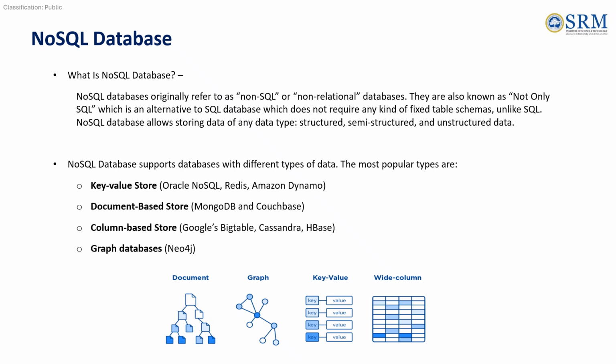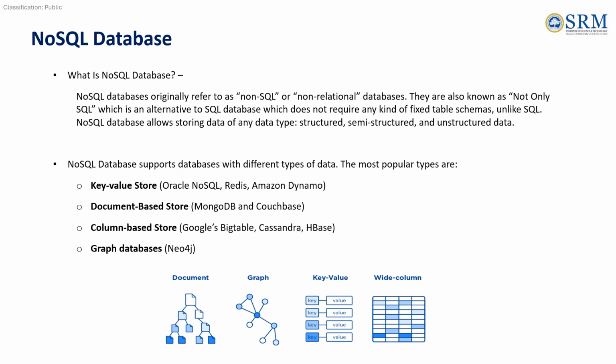For example, modern applications generate data in many forms such as JSON documents, images, videos, social media content, sensor data, and logs. Managing all this data using traditional relational tables becomes difficult, so NoSQL databases provide a more flexible solution.